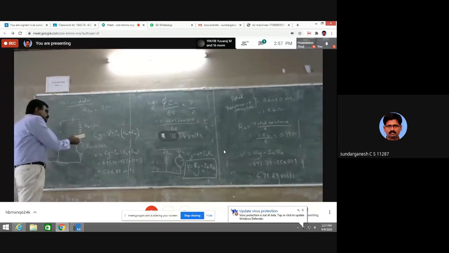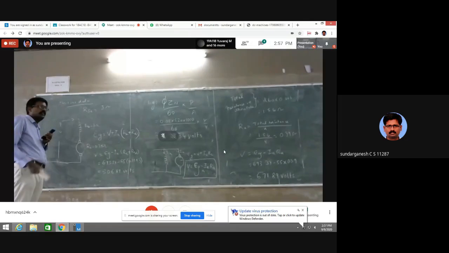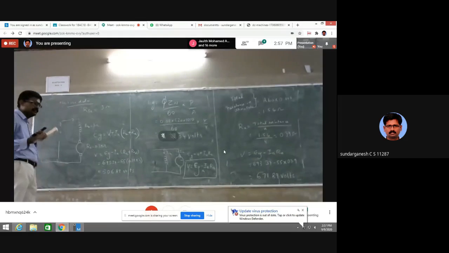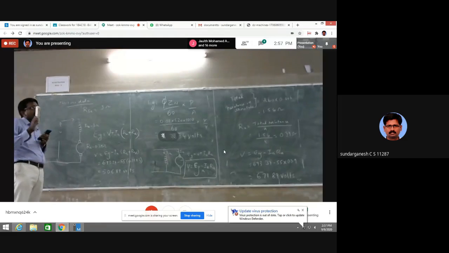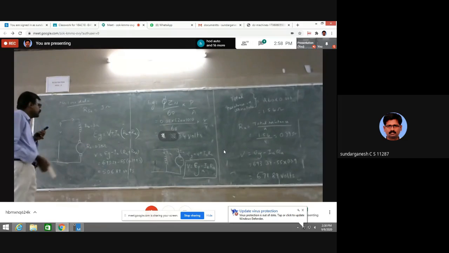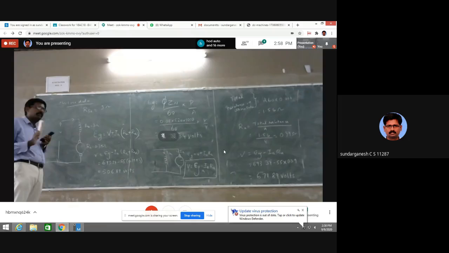Then only you have to write this equation. If it is a compound generator, the equation will be different. For a long shunt compound generator it is different, and for a short shunt it is different. So you have to clearly go through the question to see what type of generator it is, then write the equation. First draw the circuit, then write the equation. Then it will be very easy.